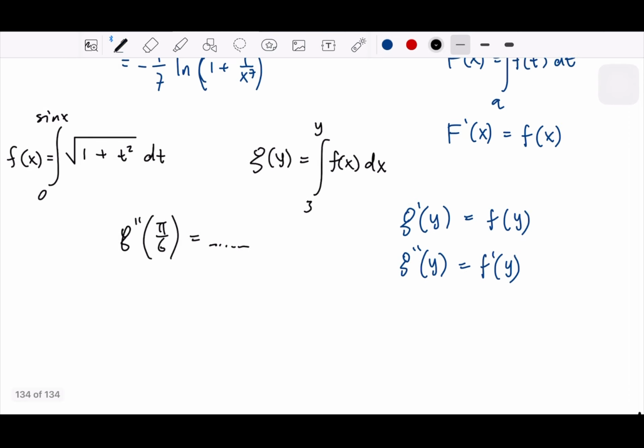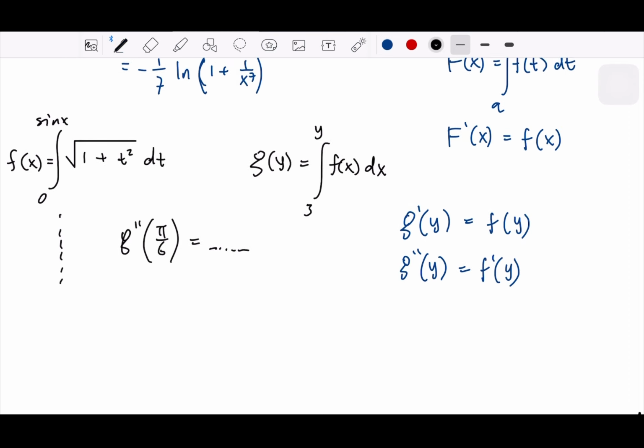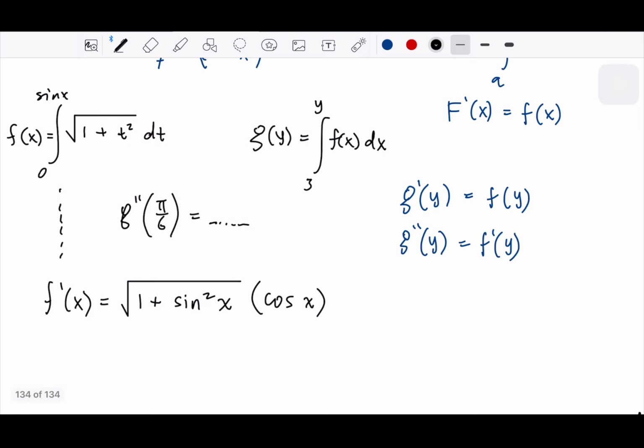We take f prime of x, and the expression becomes 1 plus sine squared x, okay? And don't forget the chain rule. So sine x is derived to become cosine x, and that's it.